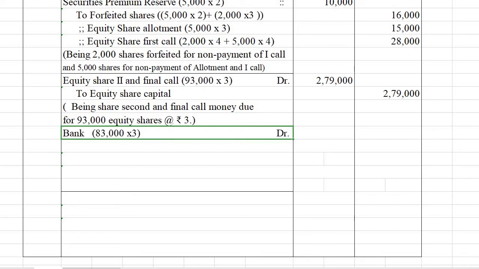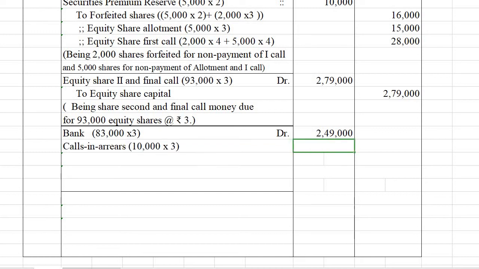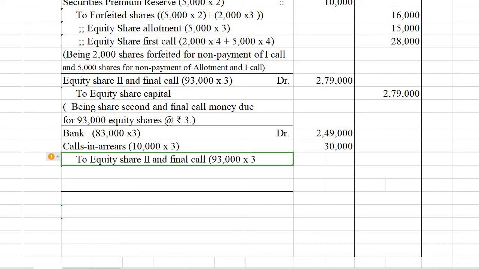So bank account debit, 83,000 into 3, 2,49,000. Then calls in arrears, 10,000 shares into 3. 3 rupees is the second call money, so that is not paid. Then equity share second and final call. Total how much we had to get? 2,79,000.